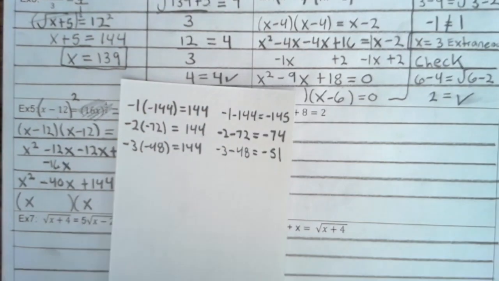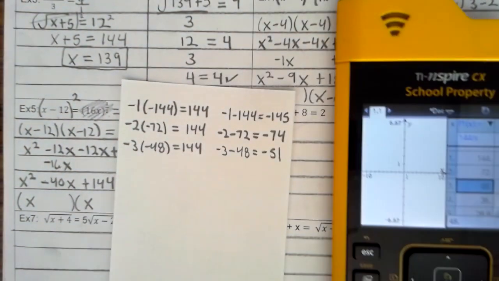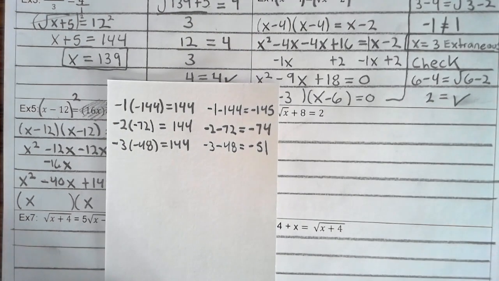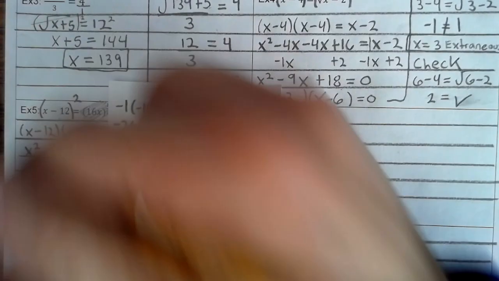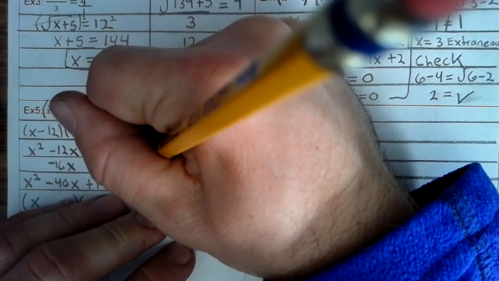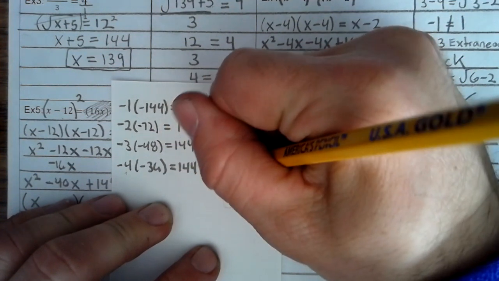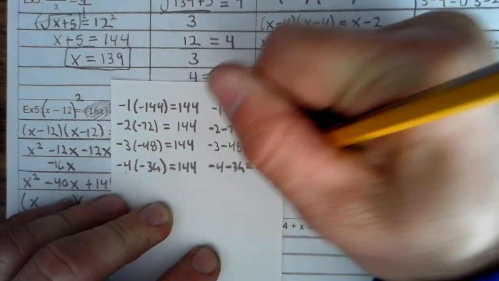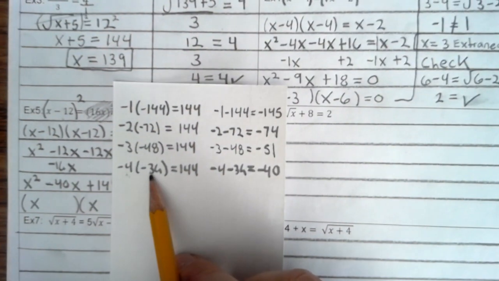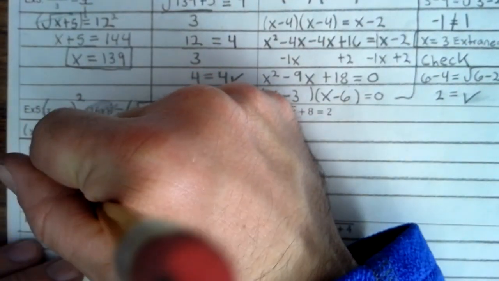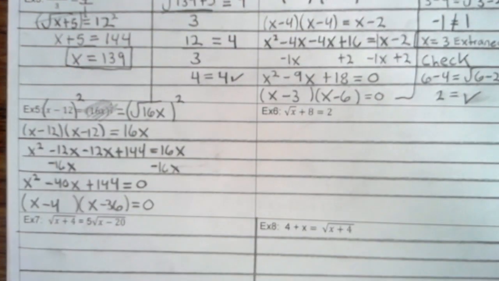We're getting closer to 40, but that didn't work. Now let's try 4 and 36. So negative 4 times negative 36 is 144. Negative 4 minus 36 is negative 40. That combination works. So negative 4 and negative 36. So x minus 4, x minus 36.